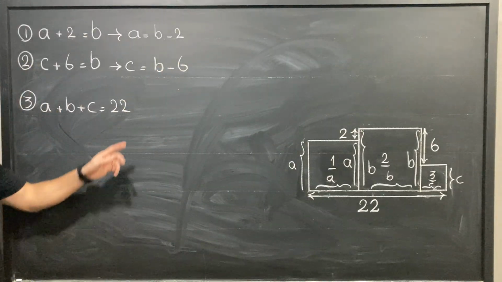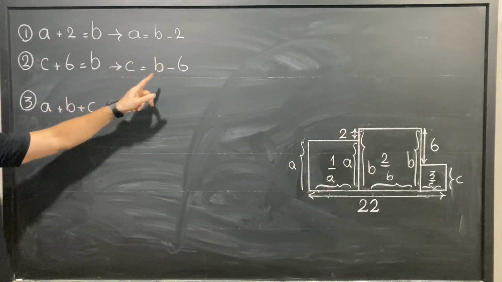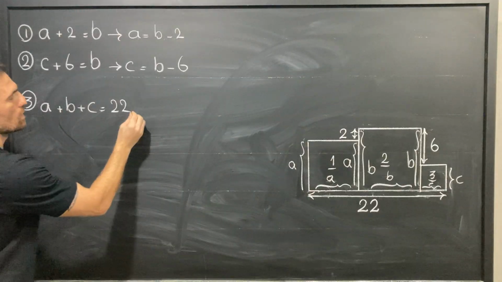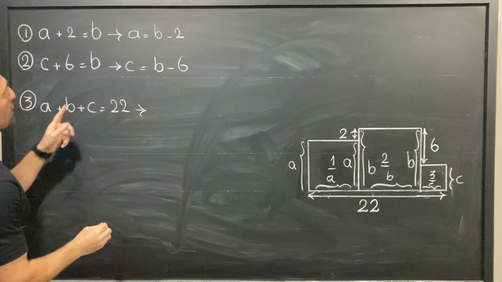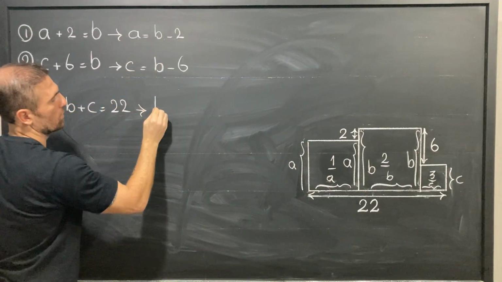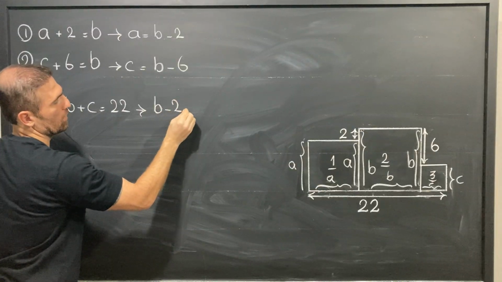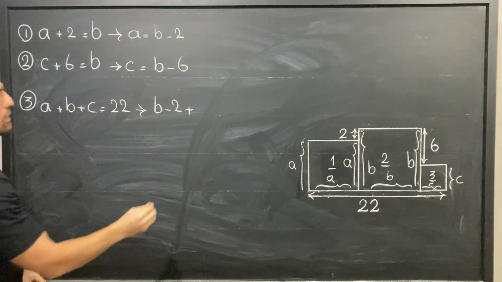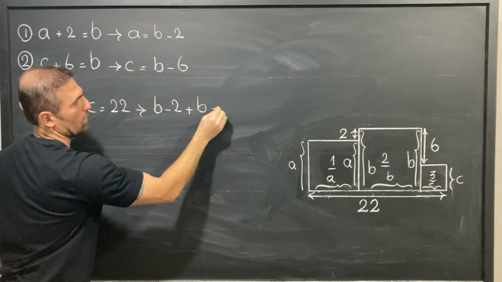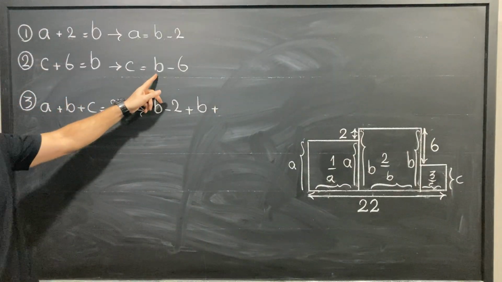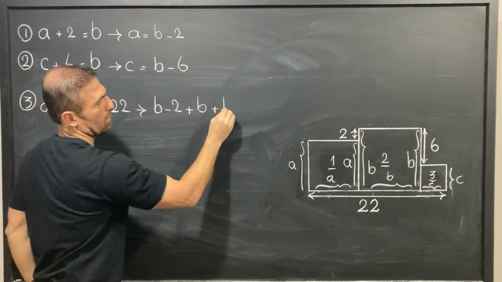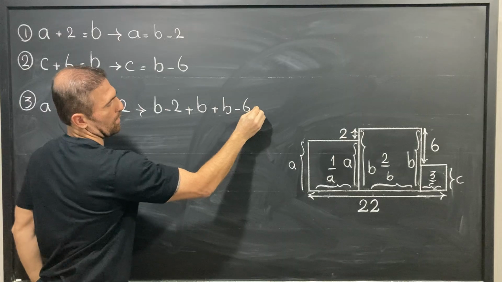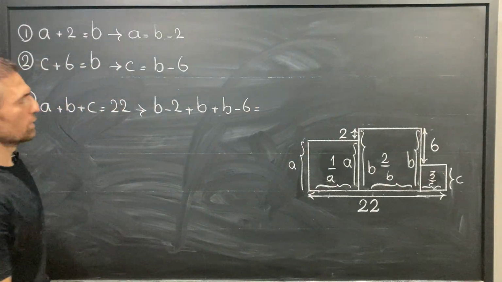Now, I'm going to substitute this one and this one instead of A and C. So, A, B minus 2, plus B, plus C is going to be B minus 6, equals 22.